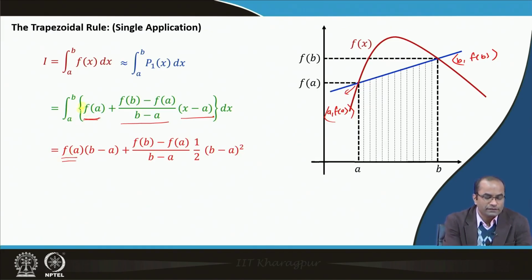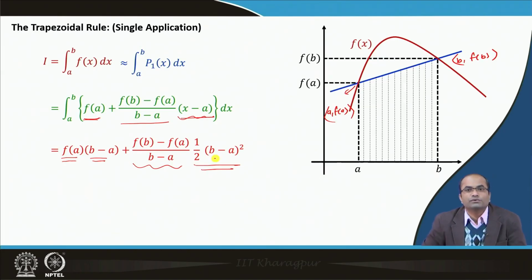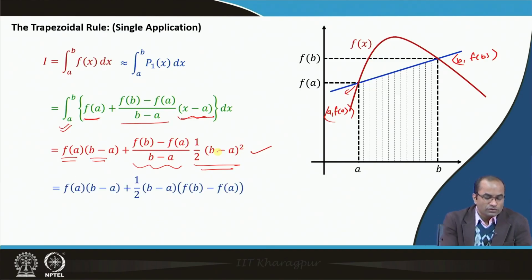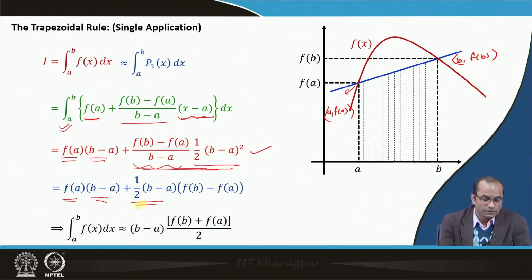We have f(a) times (b minus a), and then (f(b) minus f(a)) divided by (b minus a), and here (x minus a) whole square by 2, which when we substitute the upper limit and then the lower limit, the lower limit will make that 0 and the upper limit will give half (b minus a) whole square. Then we can simplify this, and this calculation will lead to a simple formula.